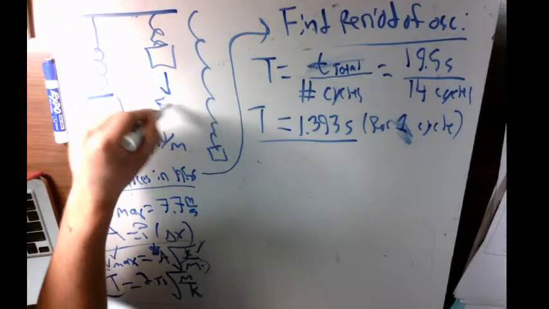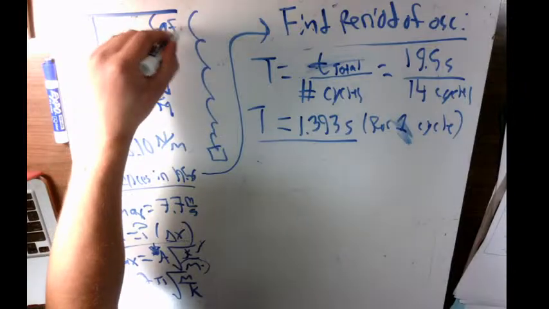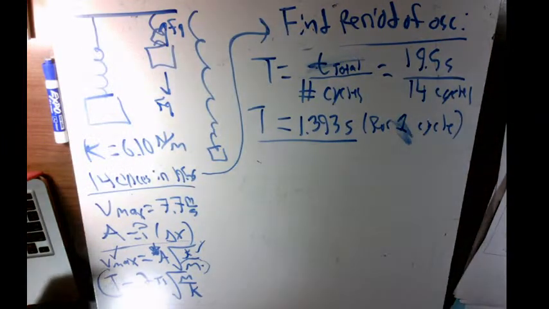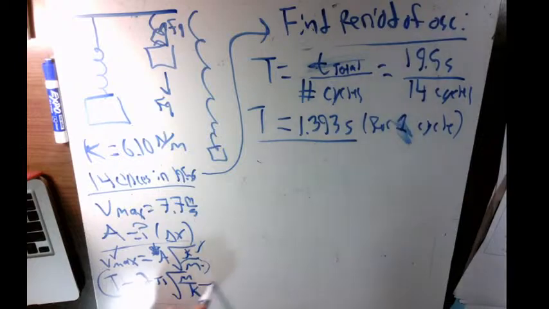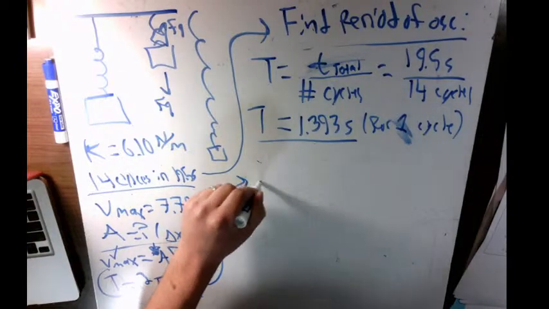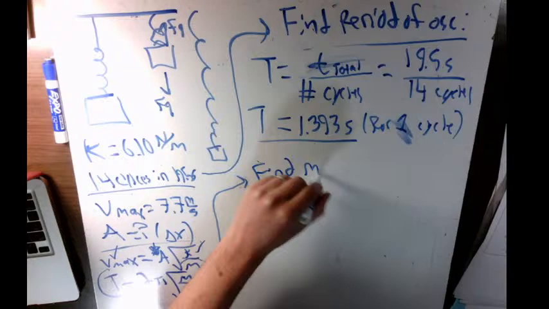We have force of gravity, we have force of the spring. And we remember from lesson 2 with our period, we have this formula, which includes mass. So if we know the spring constant and we know the period, we can solve for mass. So that's what we're going to do next. We're going to find the mass.